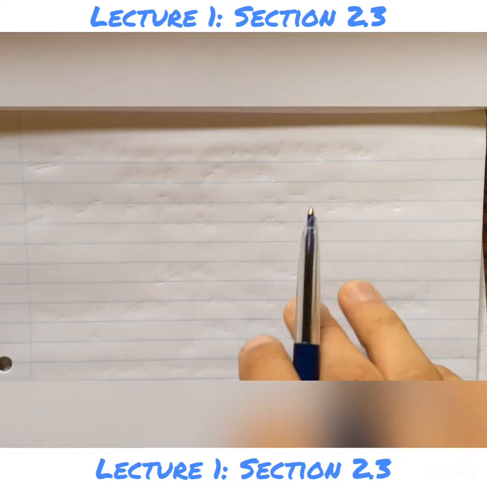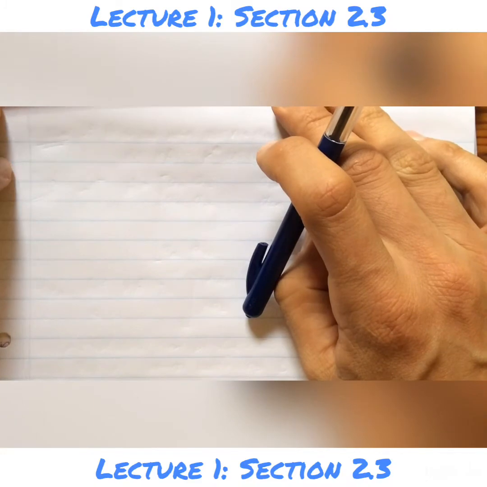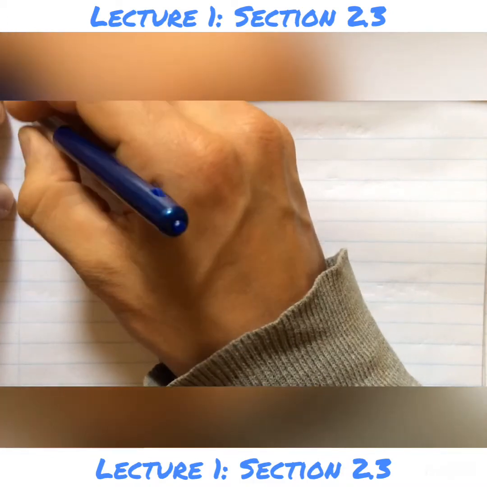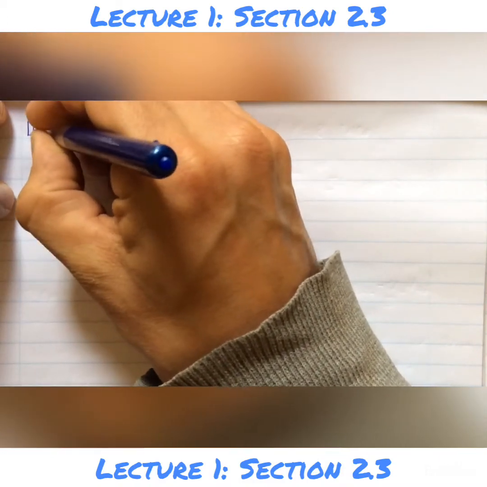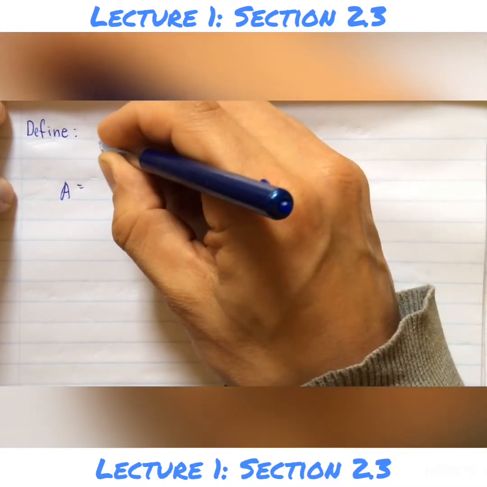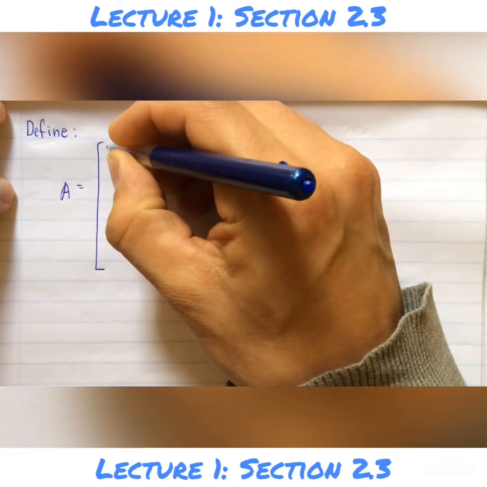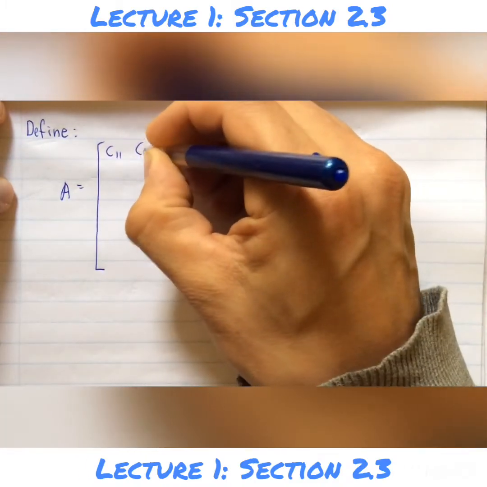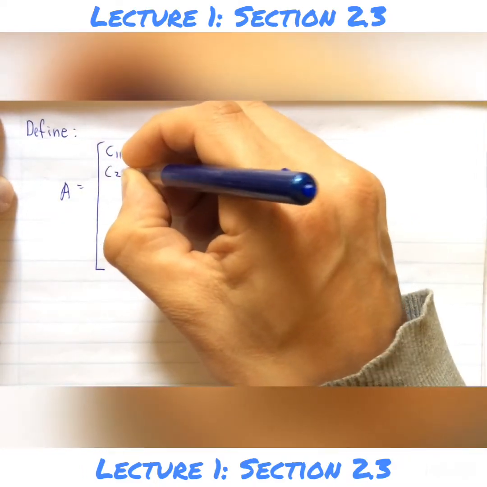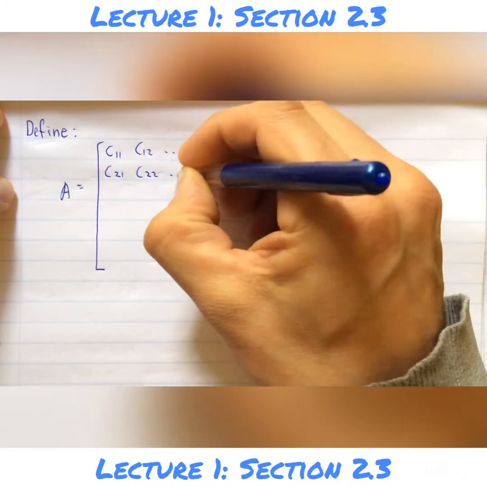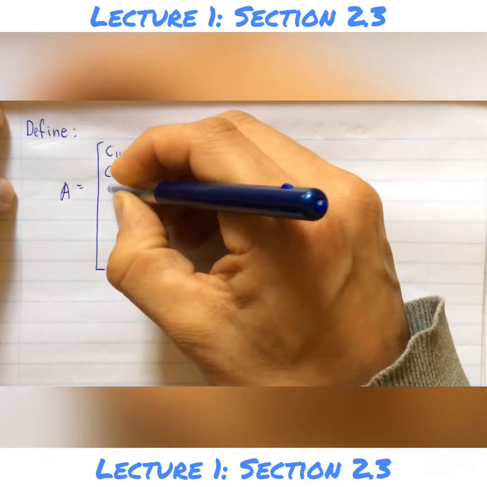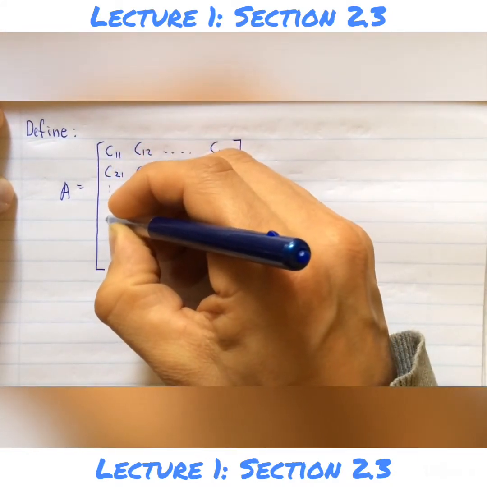Right, so let's quickly look at why that distribution of the determinant works and why it is the case. What we're going to do is define the matrix A as an n by n matrix. So there we've got C11, C12, C1n, C21, C22, C2n. Right, so there you've got the rth row.